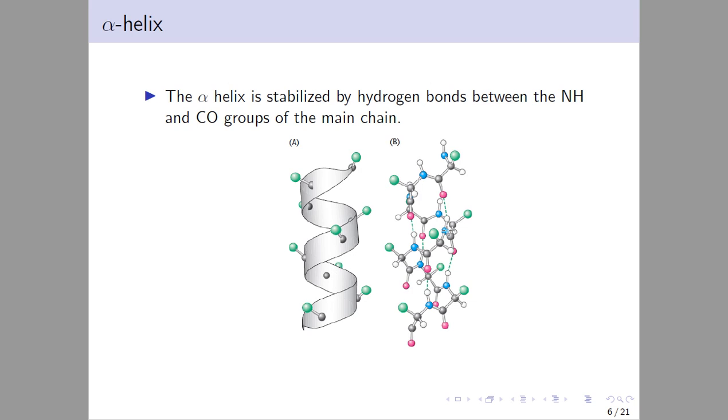The green is the nitrogen. These are the valine. If we make this type of swirl, a turn, we can have this alpha helix.